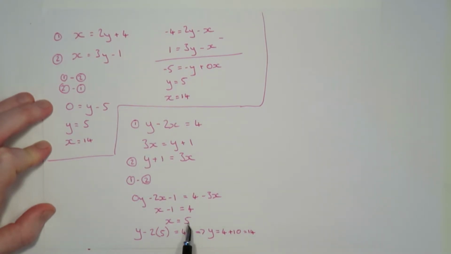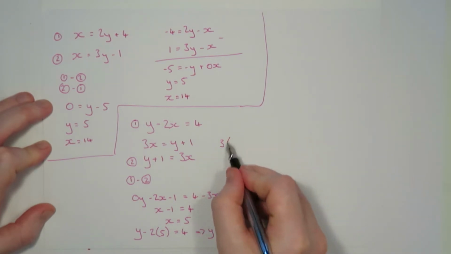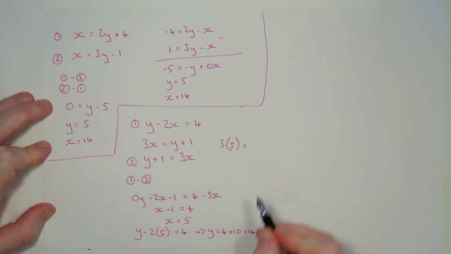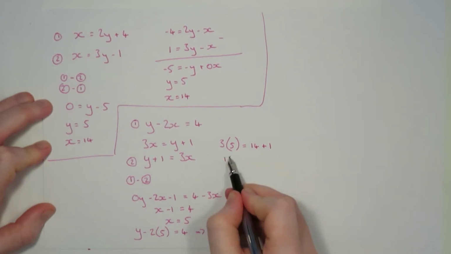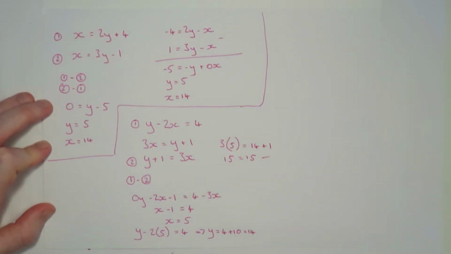And then it's good practice to use both of these, sub it into the other equation, see, does it make sense? So that would be 3 lots of our value of x, which is 5, should be equal to 14 plus 1. So that's 15, that's 15, yeah, both sides agree with each other. So our solution, x equals 5, y equals 14 is almost certainly correct.